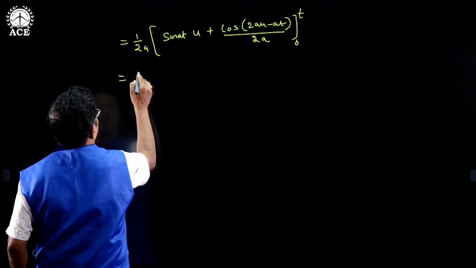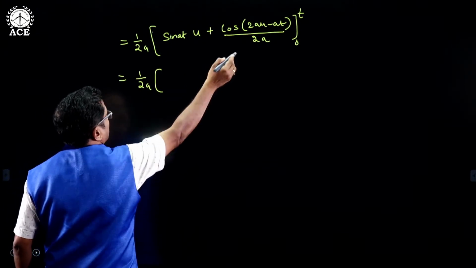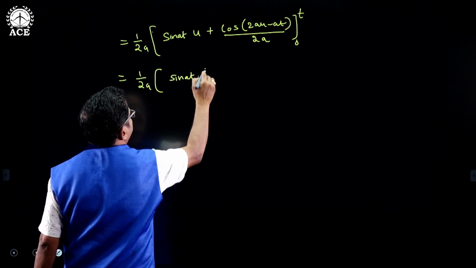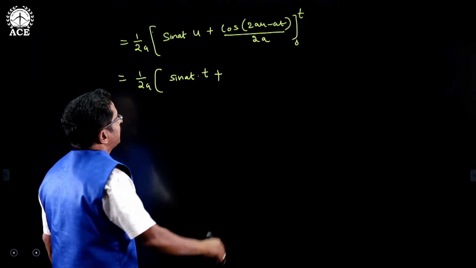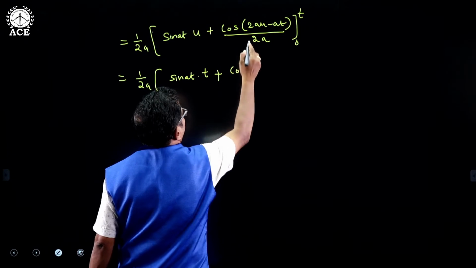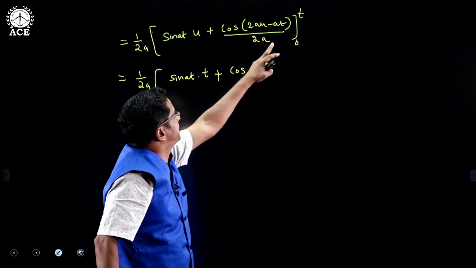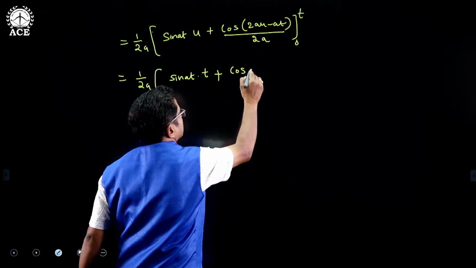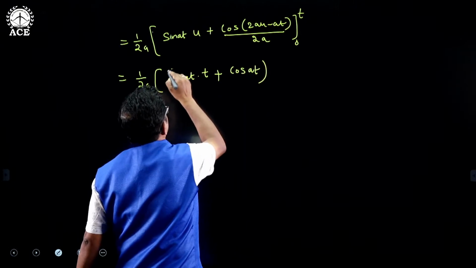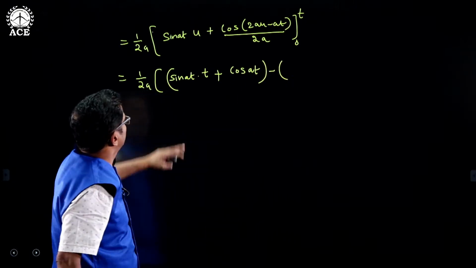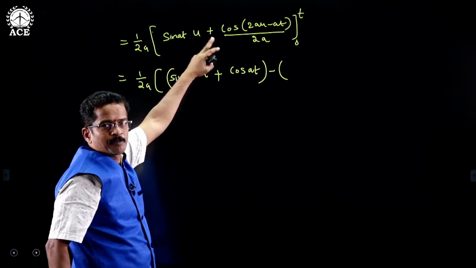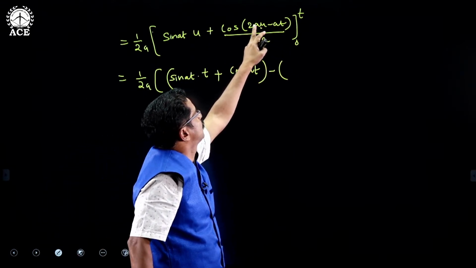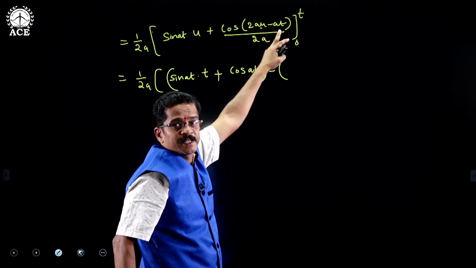So this is equal to 1 by 2a. I am applying the upper limit: sin at into t, plus cos of 2at minus at, for the upper limit t, in place of u. 2at minus at is at. Now minus the lower limit: in place of u, if I keep 0, the term is 0, and 2a into 0 is 0, so 0 minus at is minus at.